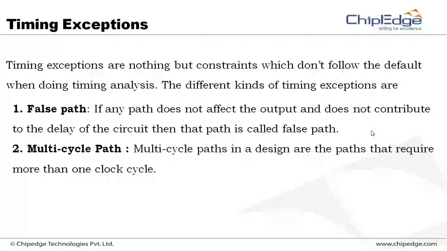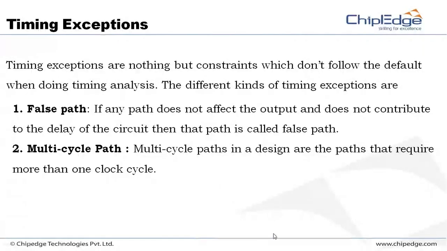For example, consider a mux, a 2 to 1 mux. So two inputs, one select line. If the select line is changing from 0 to 1, then your inputs also go to the output. But if you fix your select line to 0, what is the output of this mux? Always the first line, correct? The second line never comes into the picture. You understand?